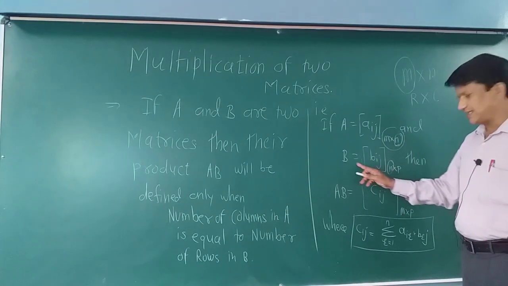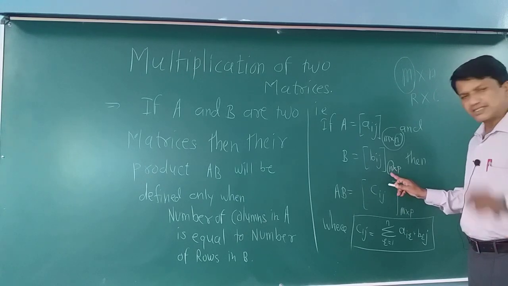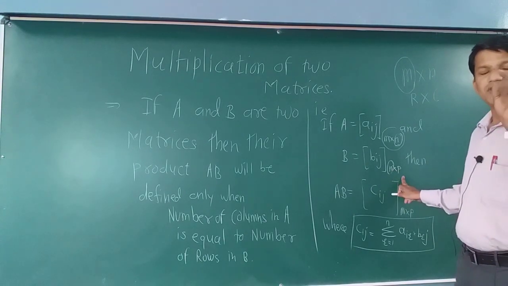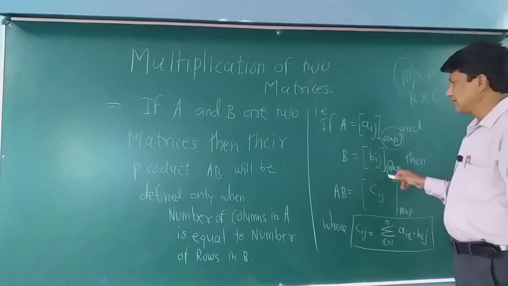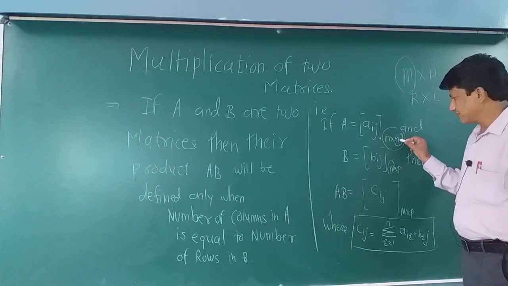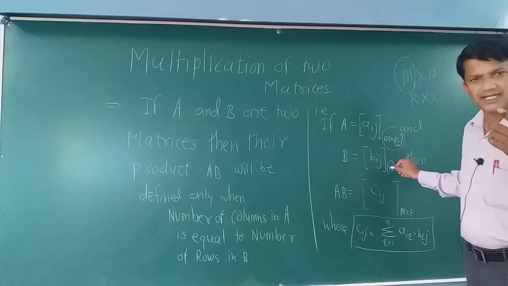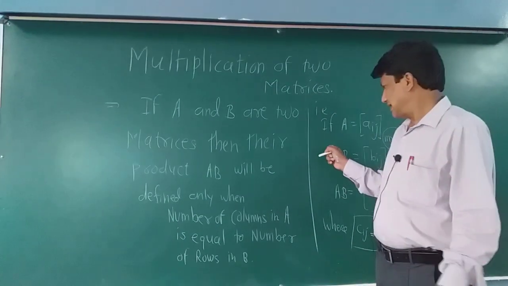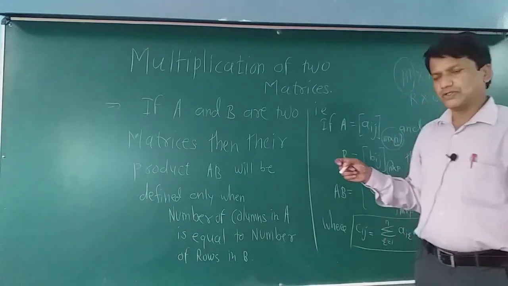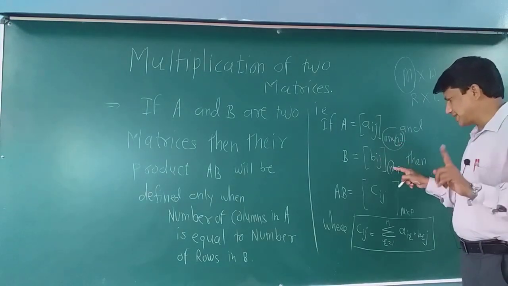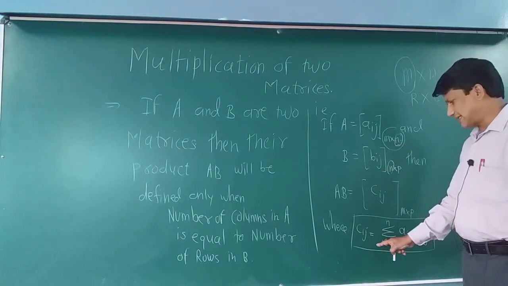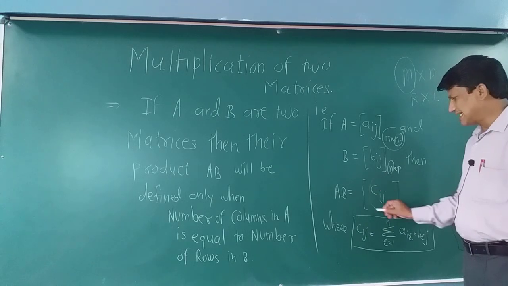Our matrix B is n by p, first number for rows, second for columns. If these numbers are different, then we cannot multiply A with B. So this is the main condition.